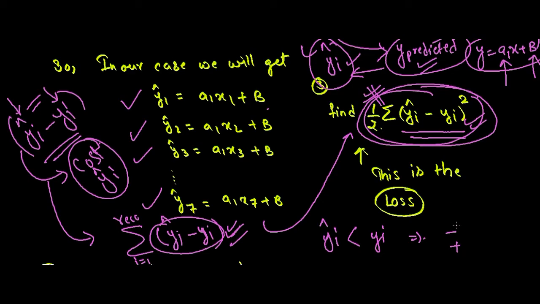To get the contribution from all the negatives and positives, we basically square it so that they do not get cancelled out with each other, and we are able to get the actual cost coming out of the model while training for yi cap by using our model. So that is why we take the square here.